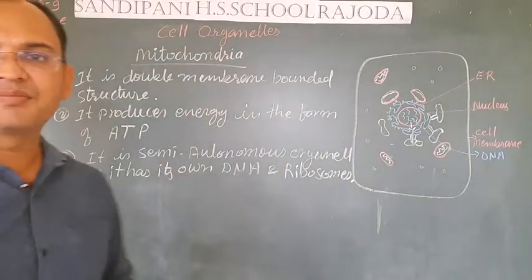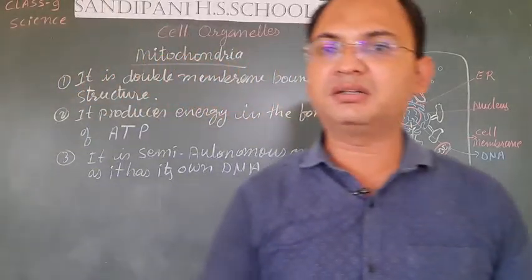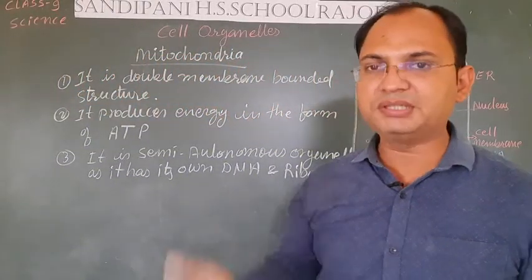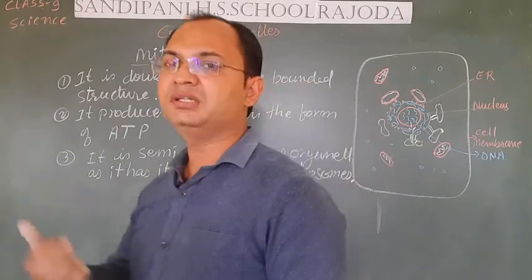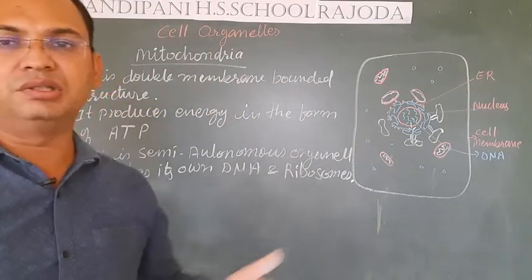So, students, these are the main characteristic properties of the mitochondria which help it to remain in function in absence of the commands or the instructions from the nucleus of the cell.